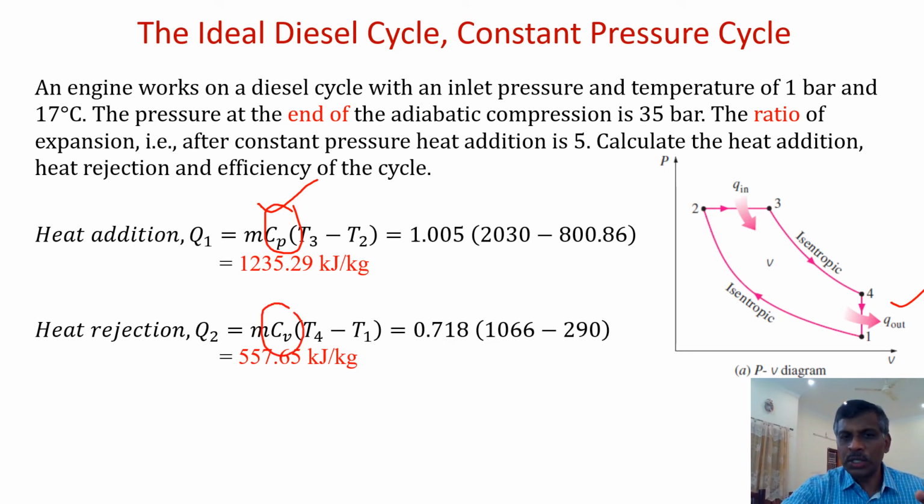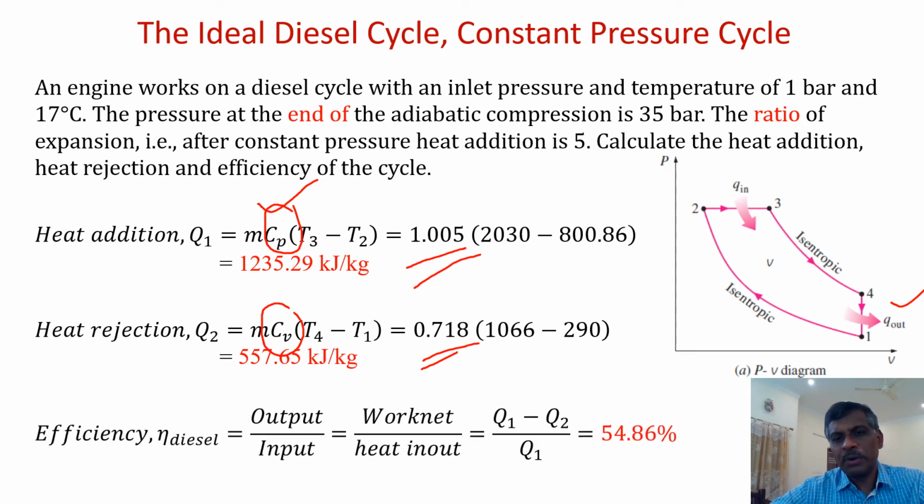High temperature minus low temperature, T4 minus T1. You have to put CV here and CP there. Be careful about all these things. Once you calculate Q1 minus Q2, efficiency is output by input, net work by heat input. So it is Q1 minus Q2 by Q1, then it is efficiency.